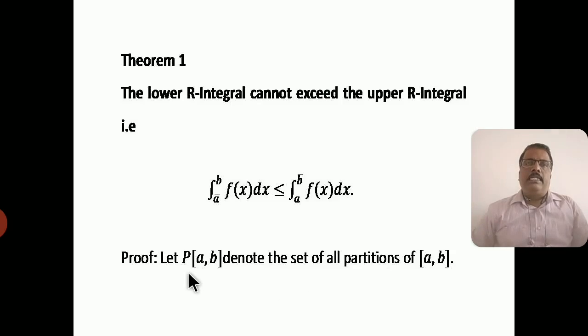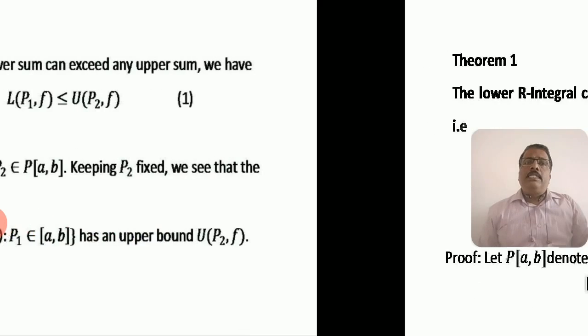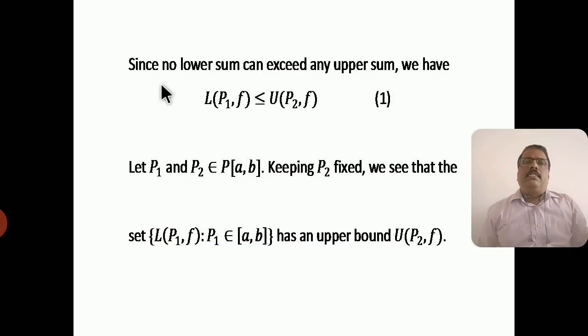First we consider P of [a,b], let P([a,b]) denote the set of all partitions of [a,b]. Then since we know that no lower sum can exceed any upper sum, always the lower sum is less than or equal to the upper sum.